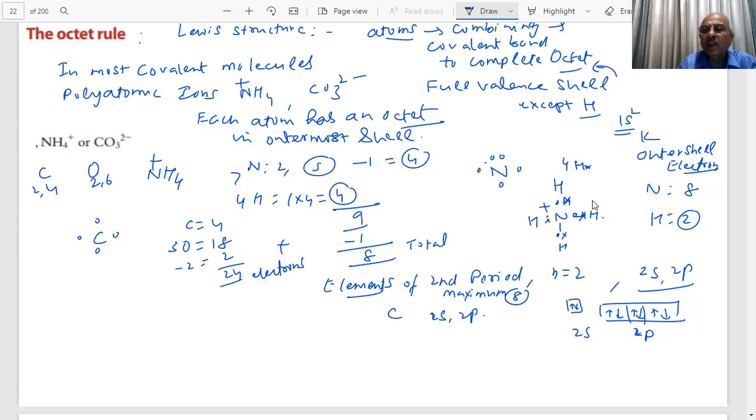Carbon is less electronegative, so it is at the center. We are going to draw the Lewis structures of these compounds. They want to get 8 electrons in the outermost shell. That's what we are trying to tell you.